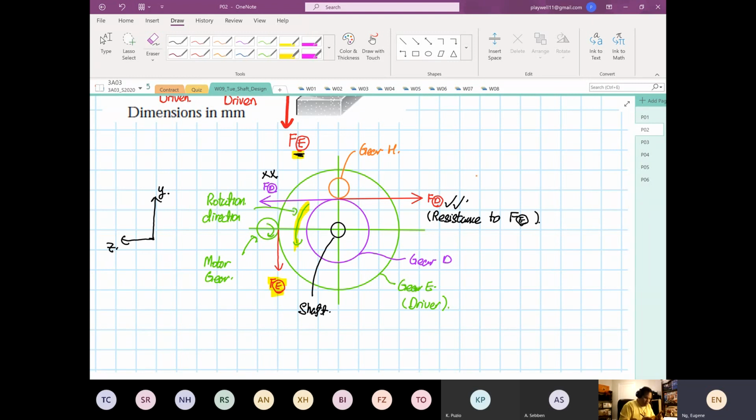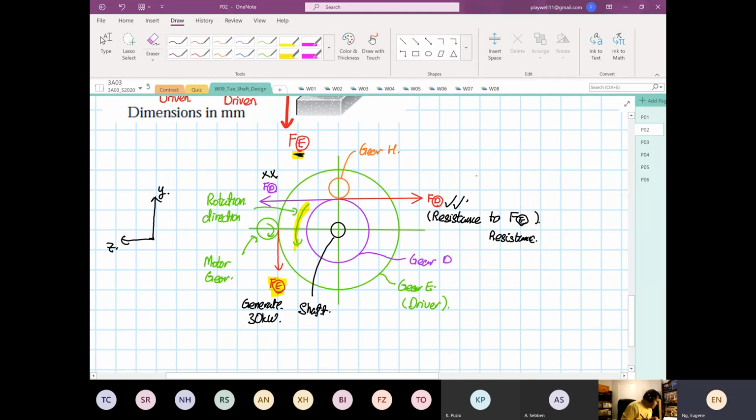Why is that? If it follows, so for example, if this FE is generating 30 kilowatt, FD over here will resist.